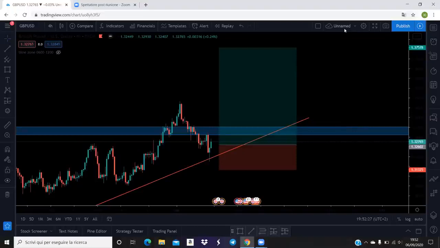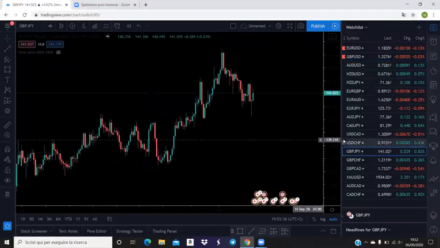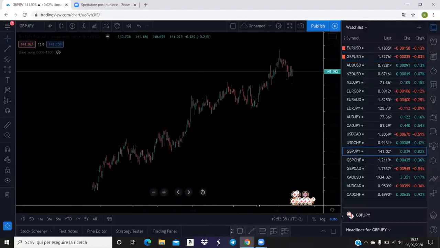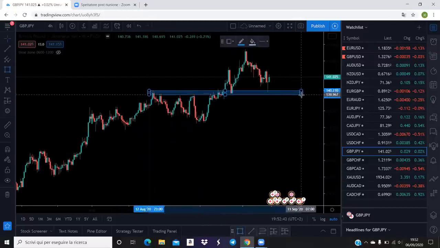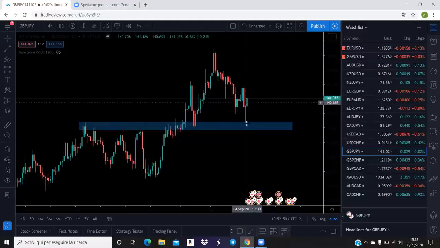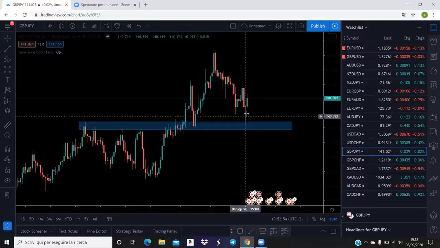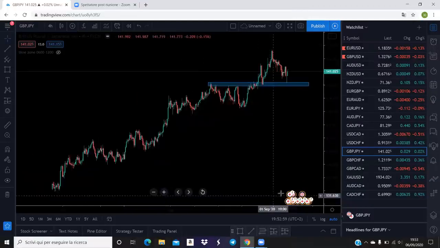Another interesting pair for the upcoming week is GBPJPY. Let's go check it out together. GBPJPY, here we have it. Without going to the line chart, we can clearly see that right here we actually had this nice break and retest pattern with this very nice pin bar right here, which rejected our demand zone, and right now we started to go to the upside again.